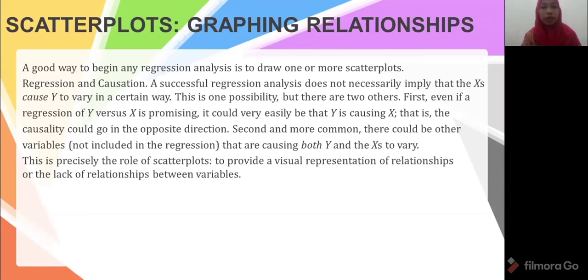First, even if a regression of Y versus X is promising, it could very easily be that Y is causing X. That is, the causality could go the opposite direction. Second, and more common, there are other variables that are causing both Y and X to vary. This is precisely the role of scatter plots, to provide a visual representation of relationship or lack of relationship between variables.